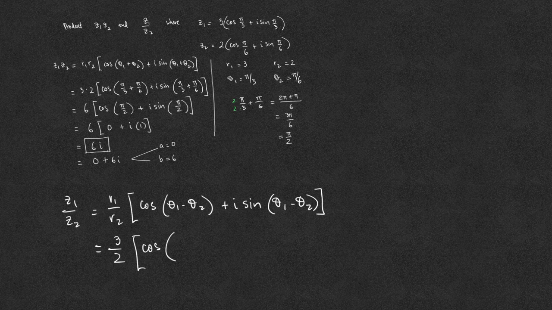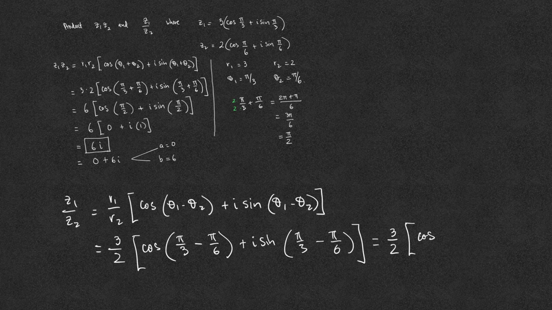Cosine of theta 1 is pi over 3, theta 2 is pi over 6, plus i sine of pi over 3 minus pi over 6. But pi over 3 minus pi over 6 is pi over 6. So this is 3 over 2 times cosine of pi over 6 plus i sine of pi over 6.